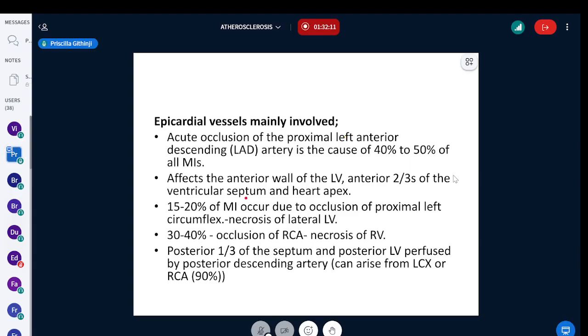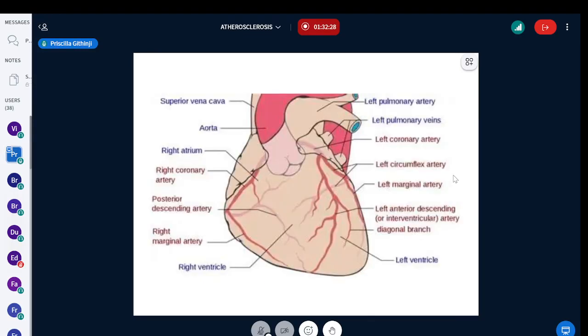So if you occlude this, you can imagine the extent of damage that you're going to cause. 15 to 20% of myocardial infarctions occur due to occlusion of the proximal left circumflex that leads to necrosis of the lateral left ventricle. You can see where the left circumflex is, and this is the left anterior descending.